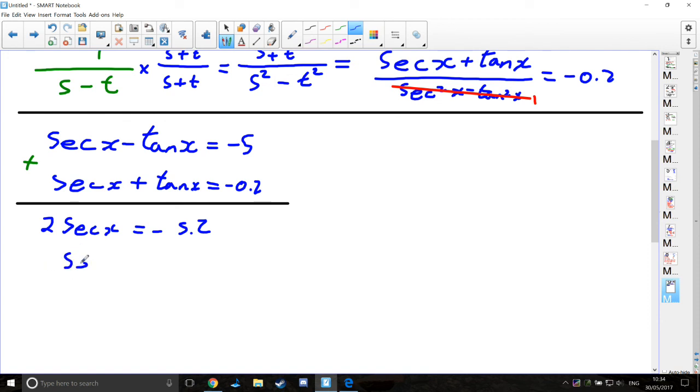We have then sec x, by dividing both sides by 2, is negative 2.6. And as I said, I want to change this into a fraction, so that is negative 26 over 10, which is minus 13 over 5. So that means that sec x is minus 13 over 5.